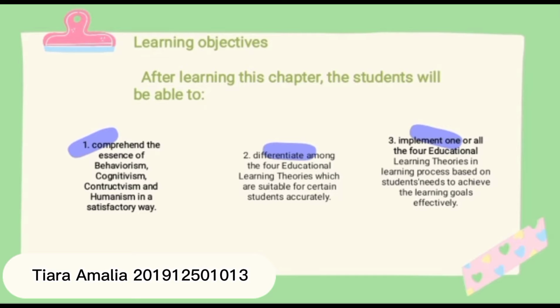And then learning the theories of learning is one of the ways to fulfill your pedagogical and professional competence. There are four overarching paradigms of educational learning theories present here: behaviorism, cognitivism, constructivism, and humanism that will be discussed in this chapter.